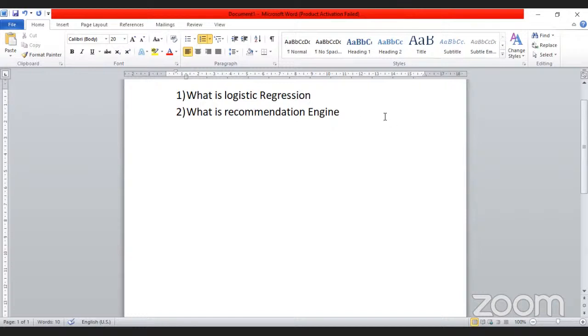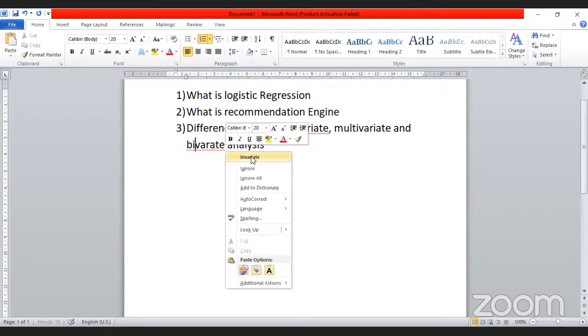Okay. Now we will understand the difference between univariate, bivariate, and multivariate analysis.